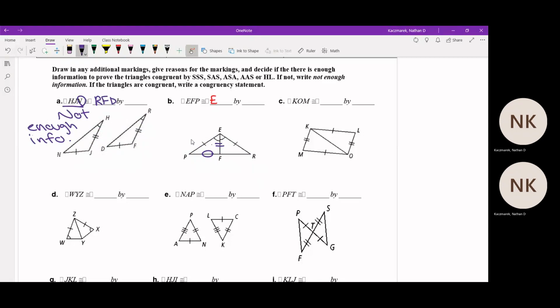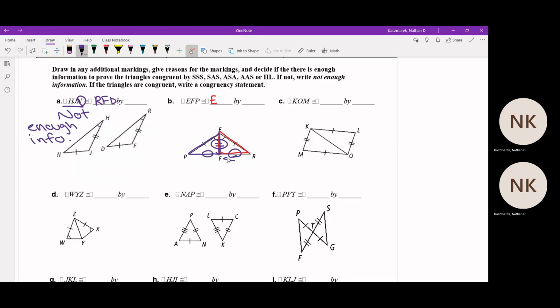So F is between the 2 tick mark and the no tick mark. So I'm going to my other triangle. So this one used to be purple. We'll make this one red again. And I know that in my purple triangle, F is between the 2 tick mark and no tick mark. So my red triangle, what's between 2 tick marks and no tick marks? Well, no tick mark, 2 tick mark.